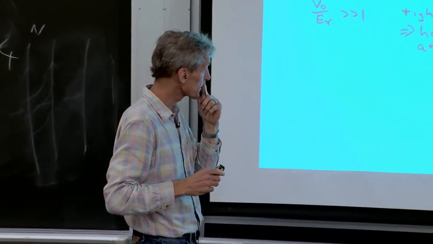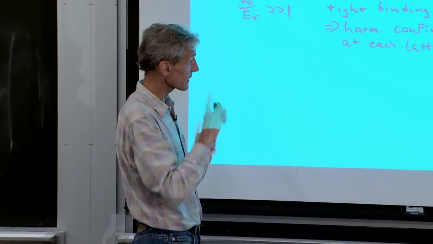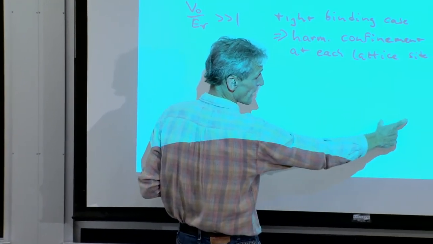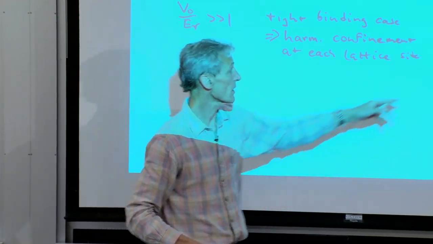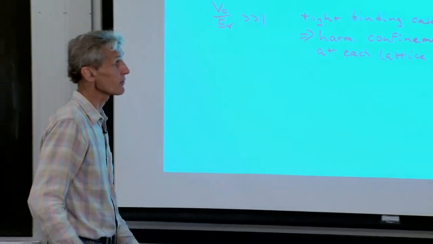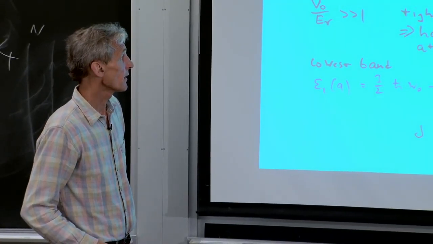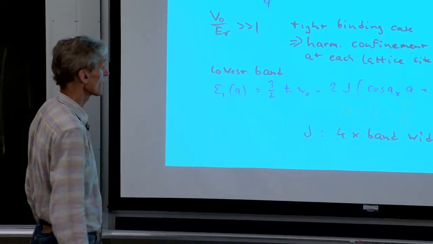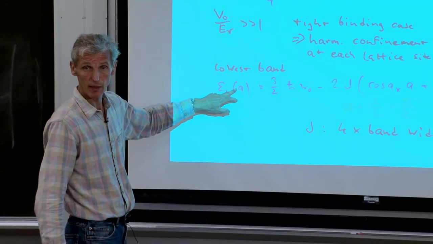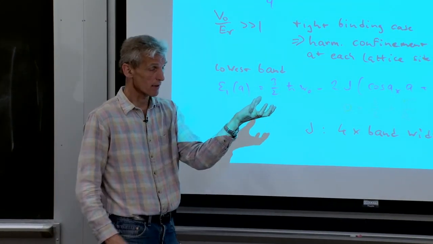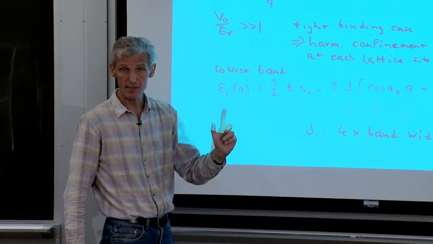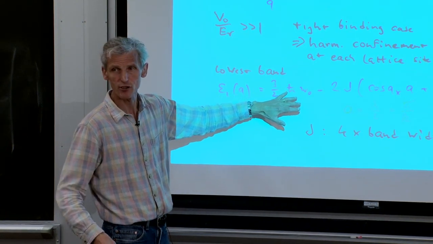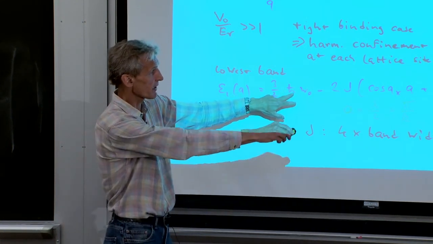Okay, there are a few things which immediately simplify that. Once we are in the tight binding limit, our lattice is really deep, and each site forms a harmonic oscillator, and the harmonic oscillator frequency is analytically given by the depth of the lattice. And the solution here for the lowest band is that the energy in the lowest band, the dispersion relation, is, well, we have a harmonic oscillator at each site in x, y, z, so the average energy in the lowest band is the zero-point energy in x, y, and z, 3/2 h bar omega naught.